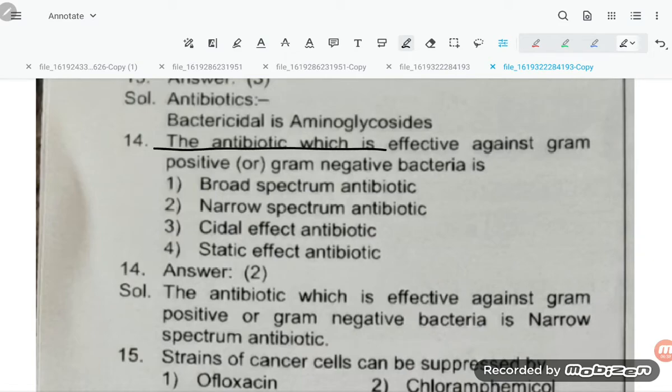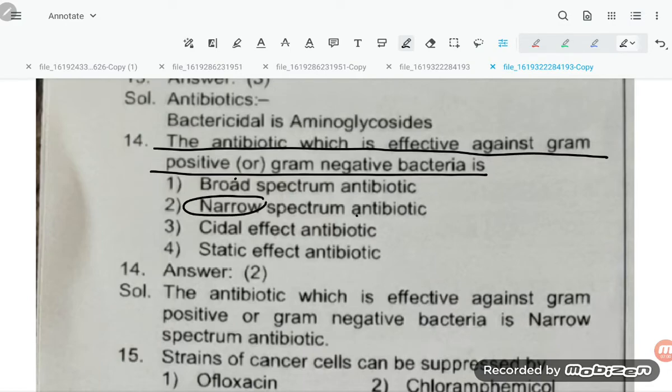Next one: the antibiotic which is effective against gram positive and gram negative bacteria is a broad spectrum antibiotic. Not narrow, students; this is the broad spectrum antibiotic.